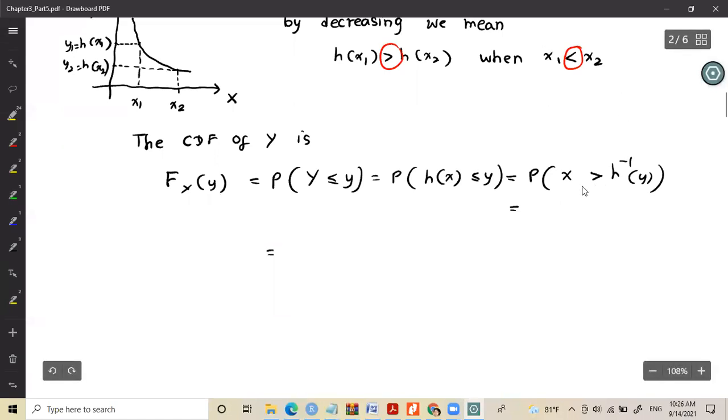So if you change x greater than to less than, how do you modify this probability? Yes, you do 1 minus P, exactly. So thanks, Janet. That is what you do. You have to do 1 minus the probability x less than or equal to h inverse y.